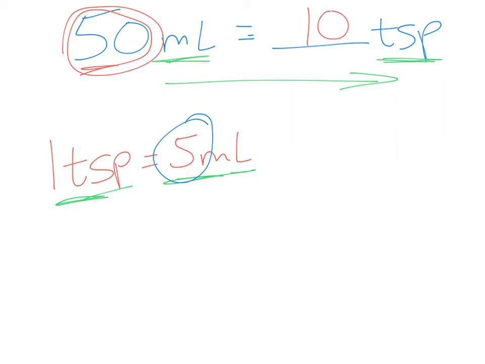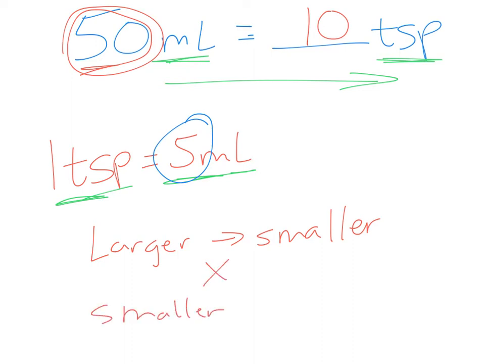So always remember those two rules: larger to smaller, we multiply; smaller to larger, we always divide. There was another method for this particular setup, and I'm going to send you that in a separate video. Let's do a couple more questions just to make sure we feel comfortable with that.